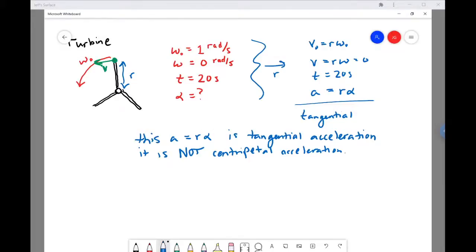All right, so I have this problem that I assigned to you where there's a turbine that's slowing down, okay, and it has you consider a point on the end of a turbine blade, and since it's slowing down, that point on the turbine blade is not undergoing uniform circular motion. Remember, the criteria for uniform circular motion are constant speed and constant radius.